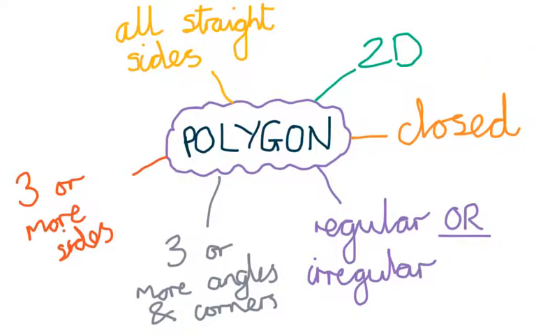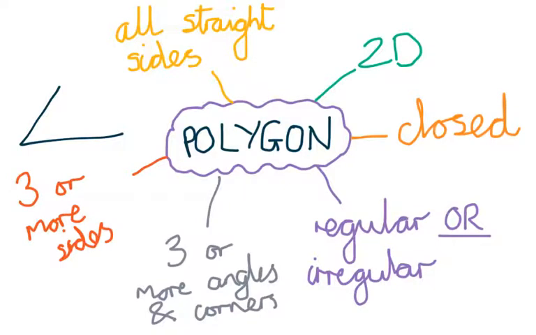It is also either regular or irregular. It can be either one of those, and if you're not sure what I mean by that, we're going to come on to that later. It always has 3 or more angles and corners and 3 or more sides, because if it only had 2, you wouldn't be able to close it.